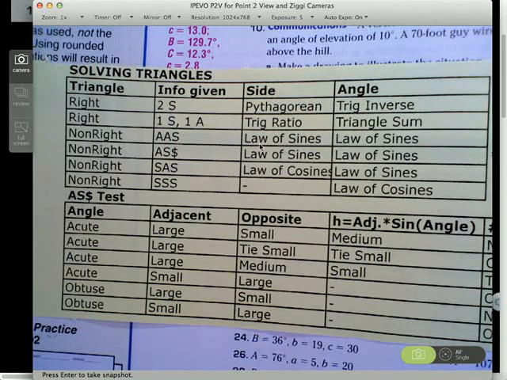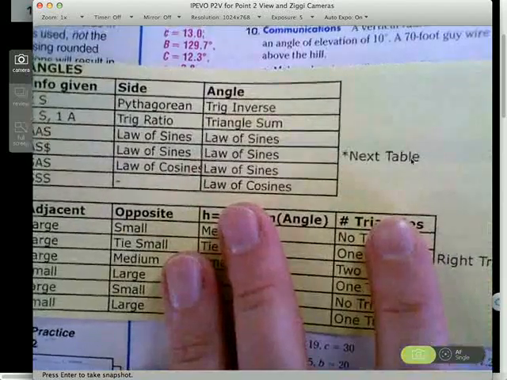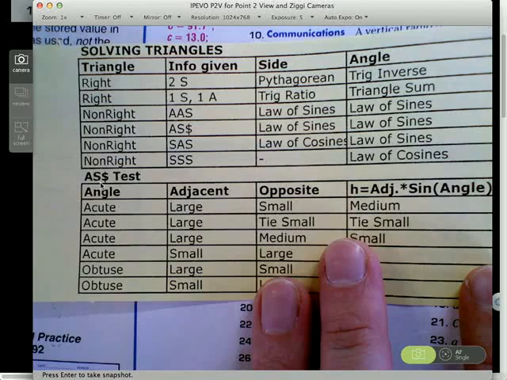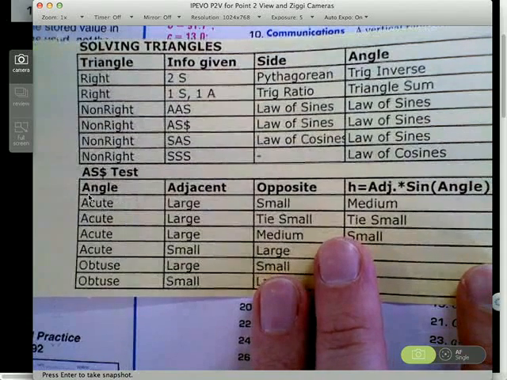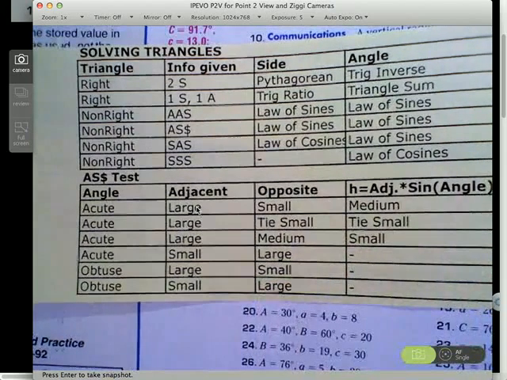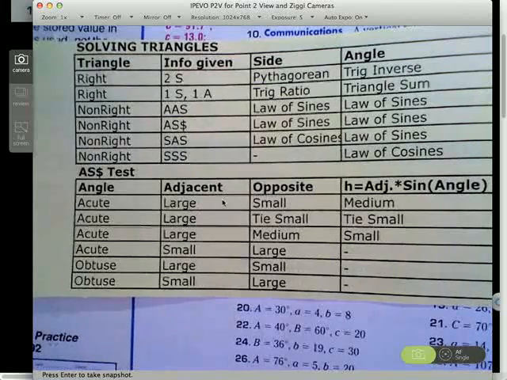So I knew I'd have to consider the law of sines. However, over here it says use the next table. And what does this next table tell me? It's the ASS test. I knew I was in an acute triangle situation. I knew my adjacent was larger than the opposite.